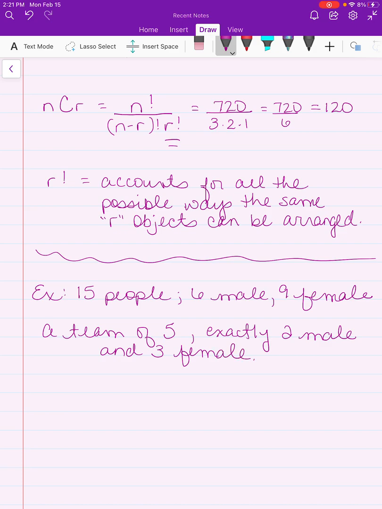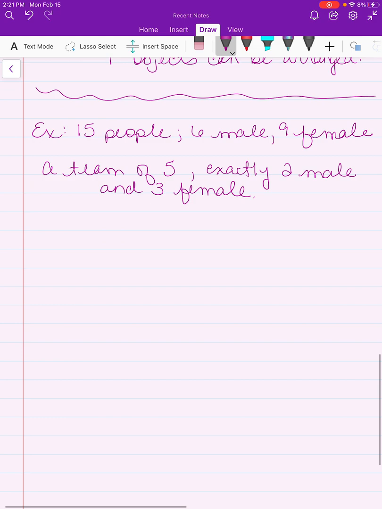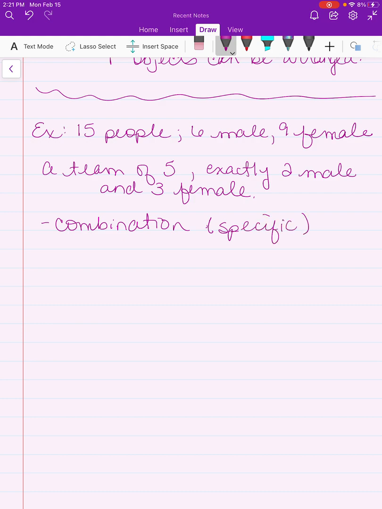So you ask yourself, is this, first of all, a combination or a permutation? And the answer to that is it is a combination because it's a team. But it is a specific makeup of the combination.